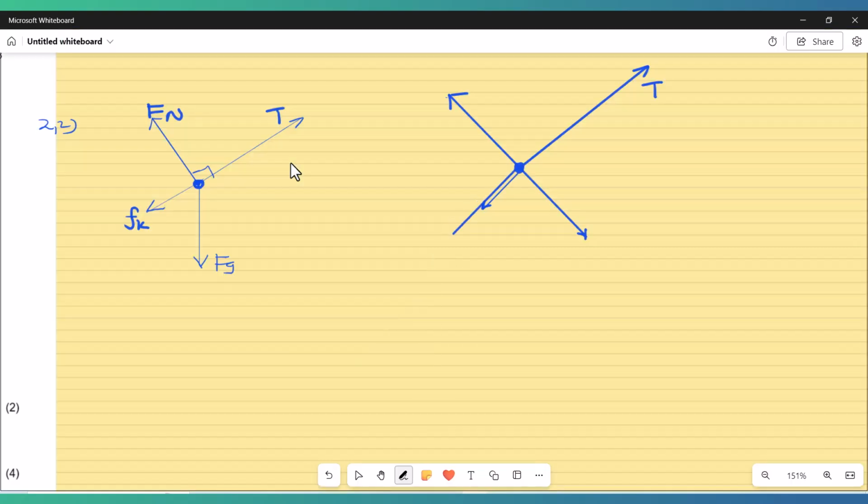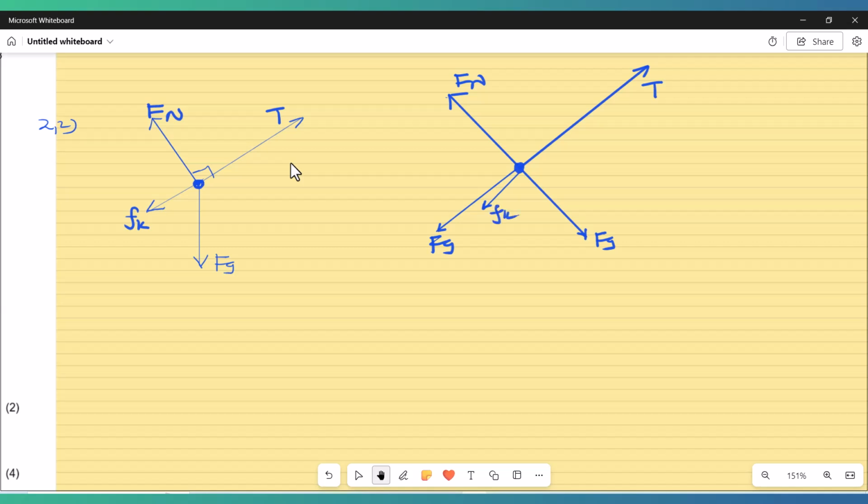So this is FG parallel here, and this is FK. This is FG perpendicular. This is F normal, the normal force, and this is the frictional force because it's moving. It's going to be called FK.